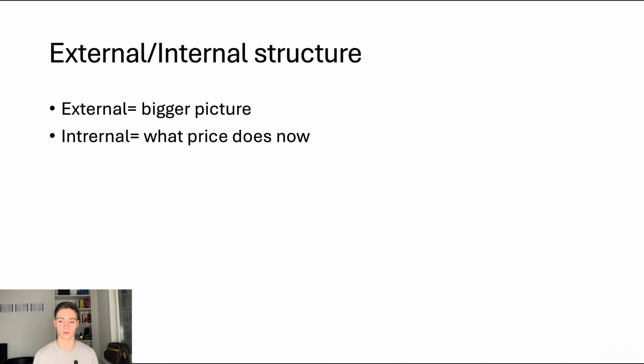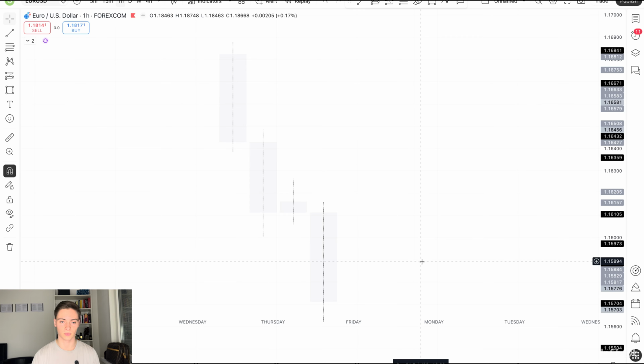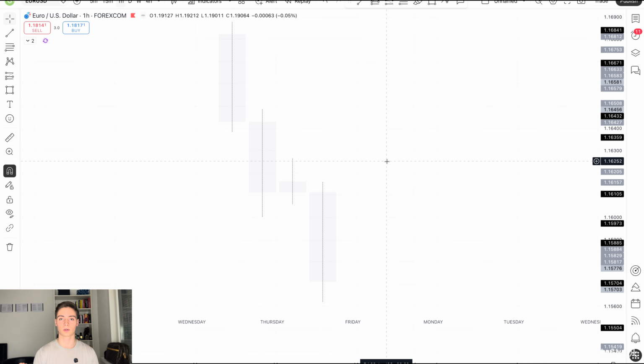So let me explain on TradingView. So here you can see the downtrend. You see this is a candle and this is a wick. And how I identify my internal swing low is if, for example, here we take out the wick, and the next candle doesn't take out the wick of the previous one, and it just stays inside.